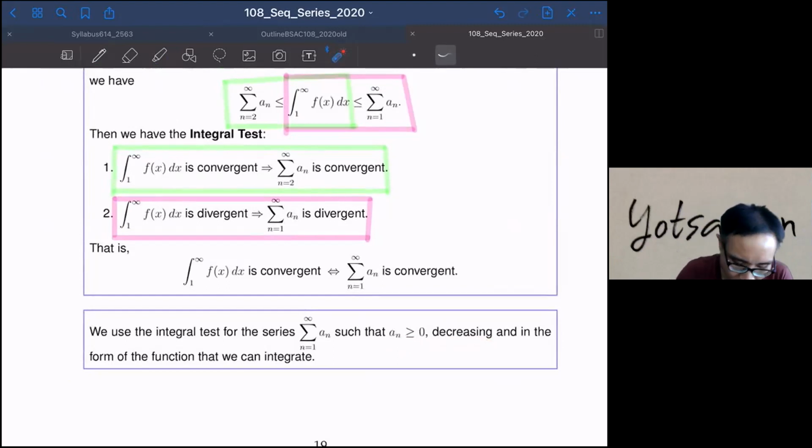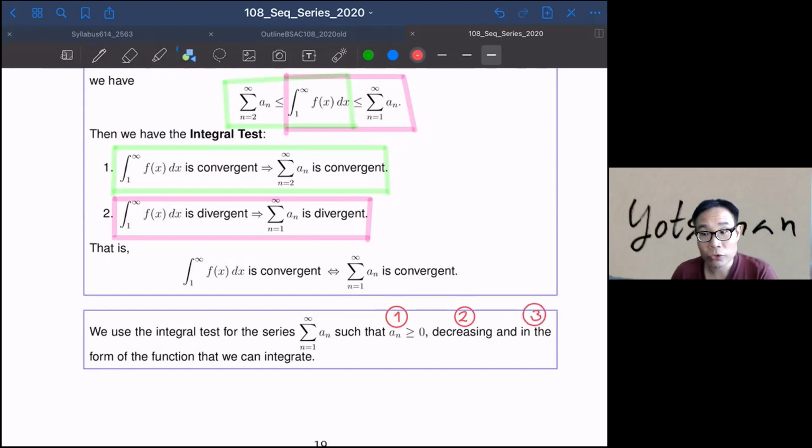So there are many requirements here. The first one is positivity. The second one will be decreasing. And the third one is the form that we are able to manage or integrate. Okay, so that is what you are going to have to use.